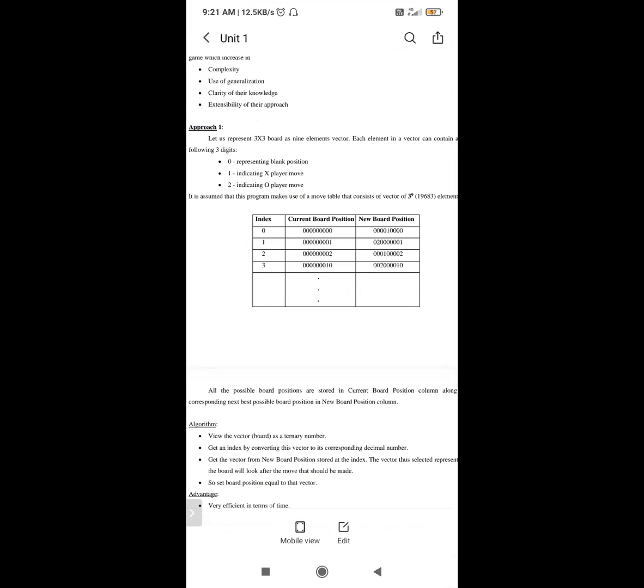Next one, get an index by converting this vector to its corresponding decimal number. So that means every time a move is made, it is to be converted to its corresponding decimal number. Next, get the vector from the new board position stored at the index.